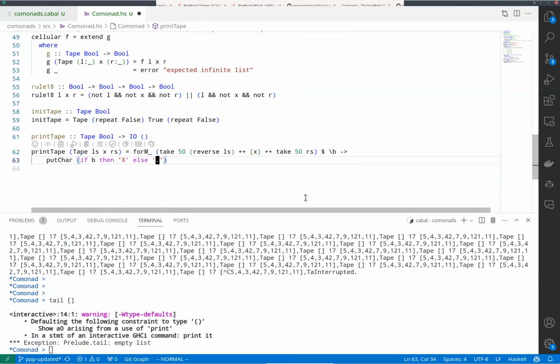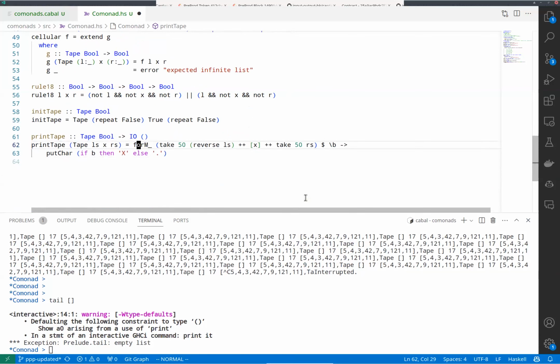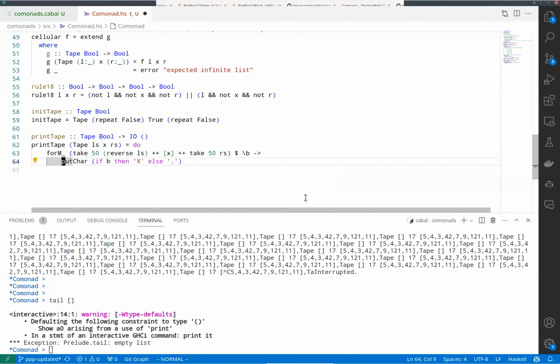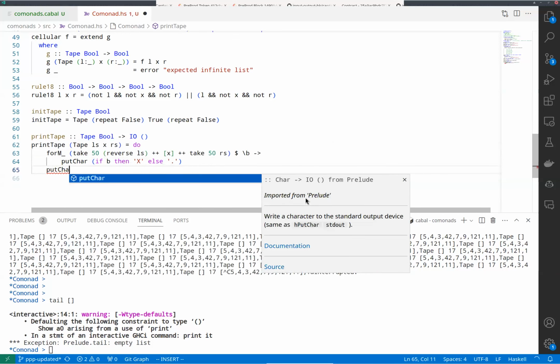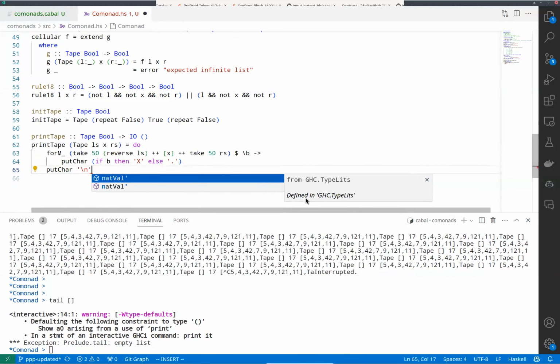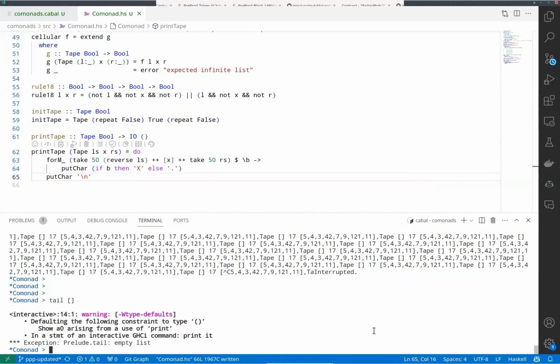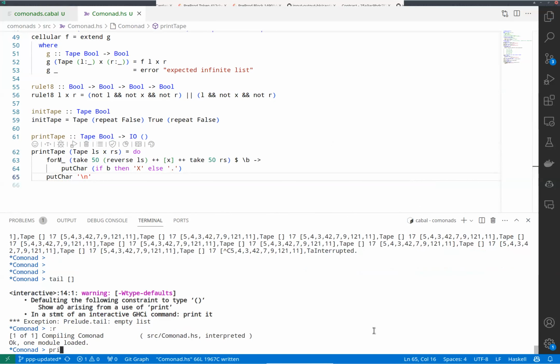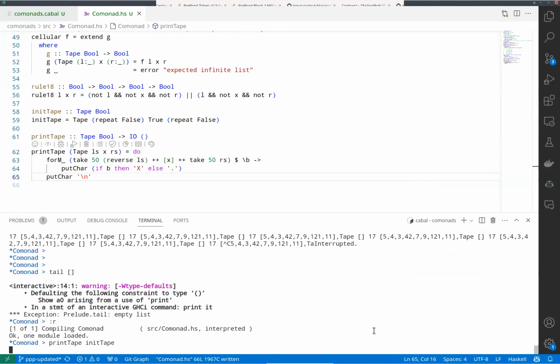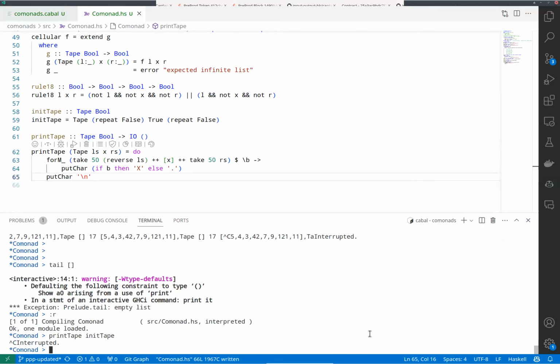Okay, and then a new line, let's say. Let's try it out quickly. Print tape, init tape. Okay, something doesn't work, because I can't reverse.